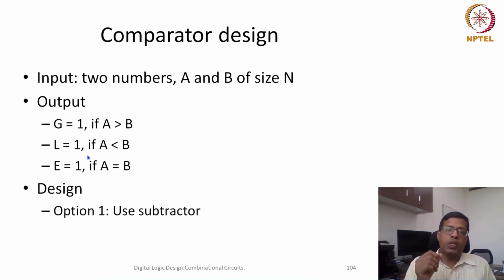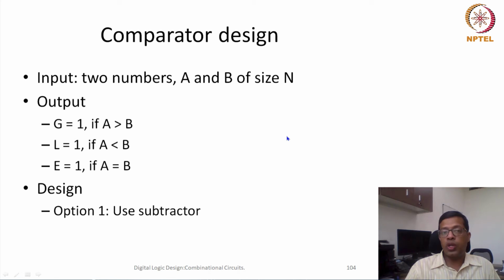One option which has been used by multiple people is to use a subtractor. Let's say we use our adder circuit, and for B we take the 2's complement, so that we are subtracting B from A. Do we care about the output?